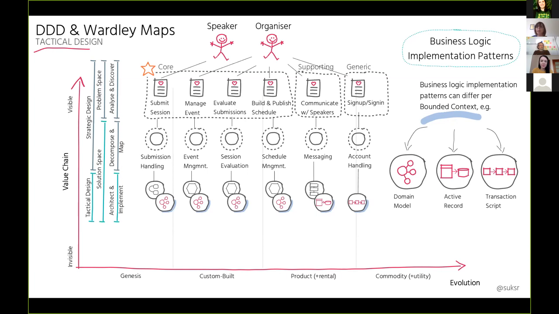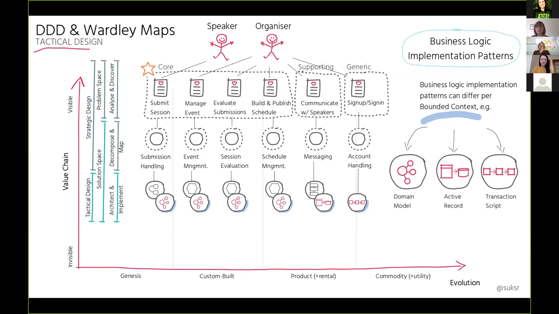Or the active record that represents a row in a database and encapsulates the database access and adds logic to that data, so that it carries both the database access, the data, and the business logic itself. That's very usable, for example, for the supporting subdomain, where we can deal with quite simple business logic that operates on a complex data structure, for example.